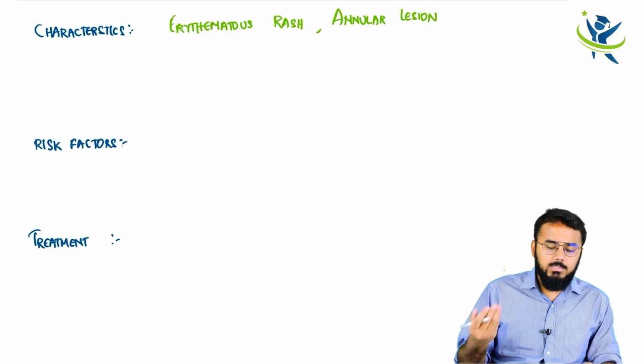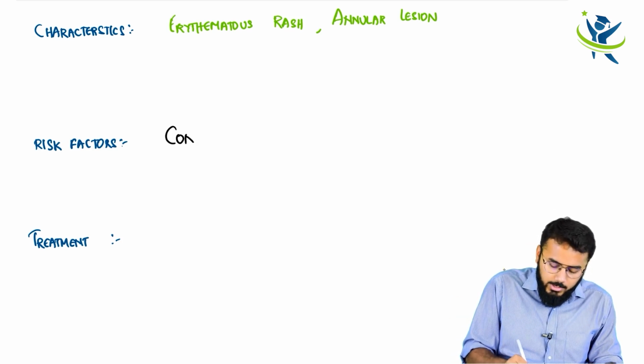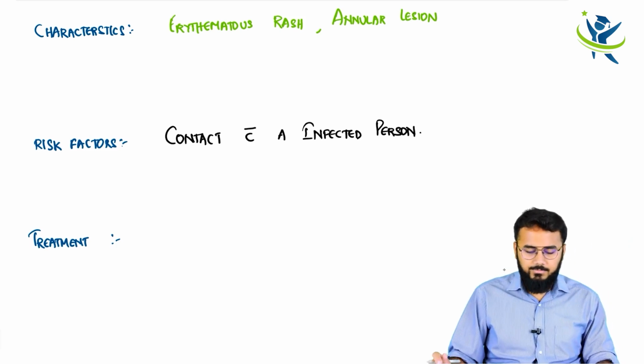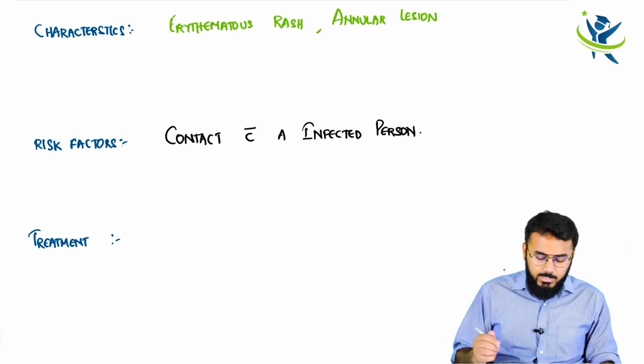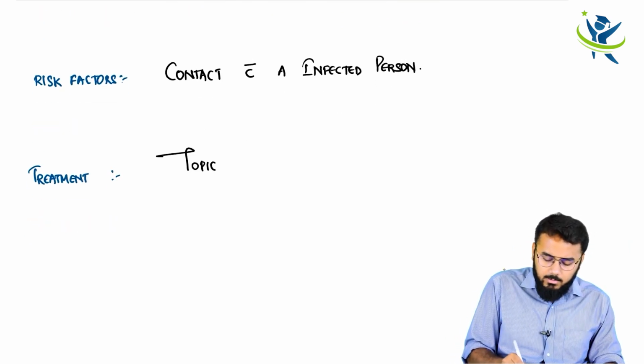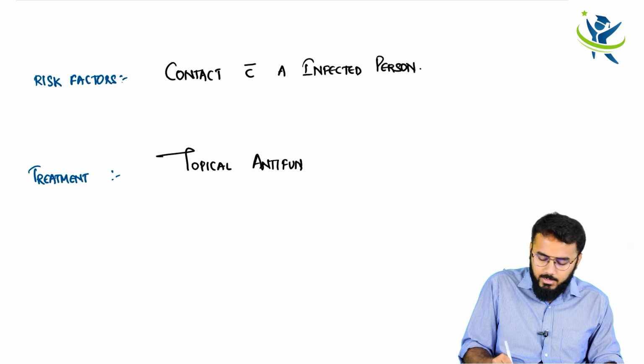So the risk factor is contact with an infected person; if you are in contact with an infected person, you are more likely to develop this infection. Now when it comes to the treatment, we basically use topical antifungals because this is a fungal infection, right?